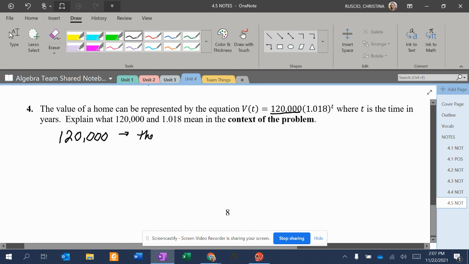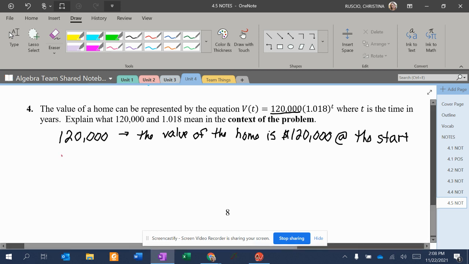The value of the home is $120,000 at the start. Initially.